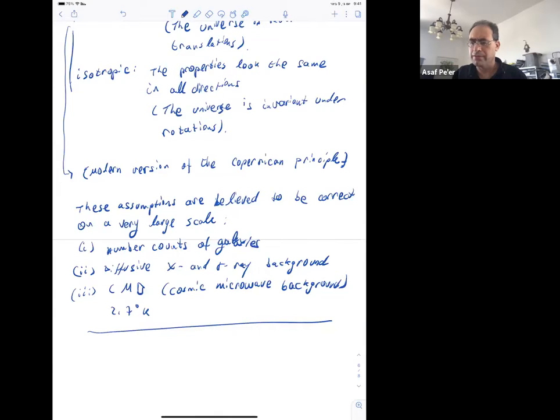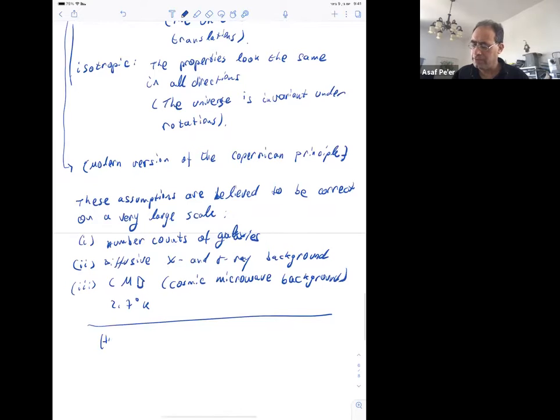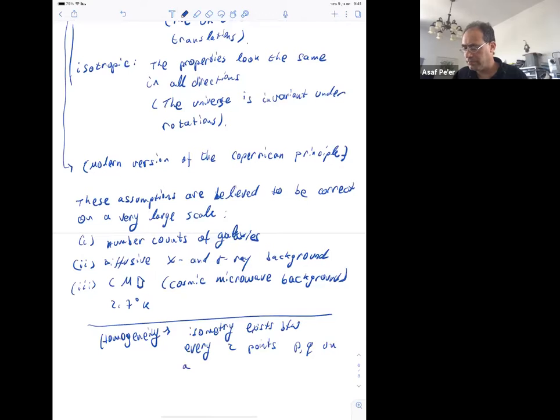I think I did. So homogeneity means that there is an isometry between every two points, P and Q, on a manifold.